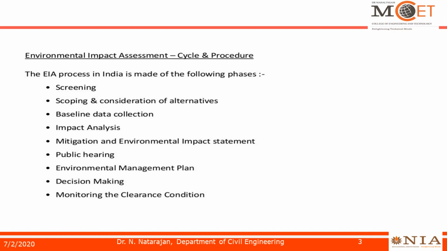Why? Because they'll be releasing so many pollutants into the air, and also the possibility that they'll discharge all those effluents into the water bodies. So we'll have to look at what measures can be taken to reduce the impacts in terms of air as well as water for that particular project, because it is going to affect the air and water very much.